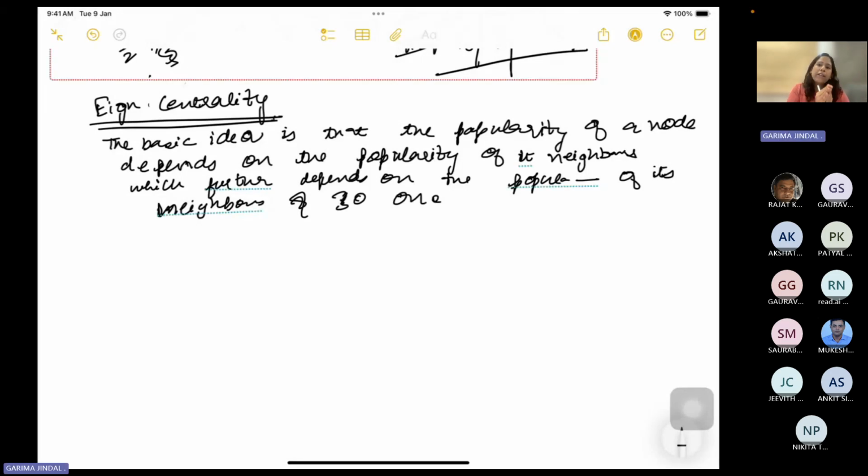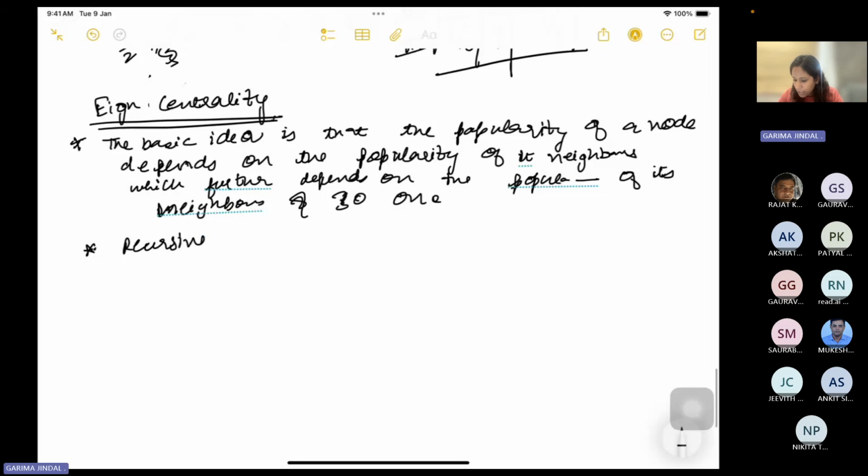So the popularity of a node depends on the popularity of its neighbors, and the popularity of the neighbors further depends on their neighbors and so on. This is the definition of eigencentrality. If you see, the definition is recursive. We have to calculate the importance of a node which depends on its neighbors. The importance of the neighbors further depends on their neighbors and so on.